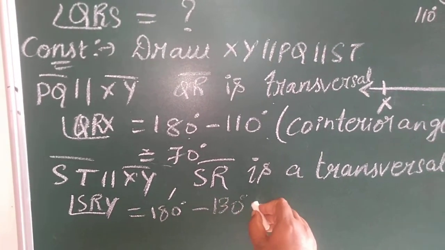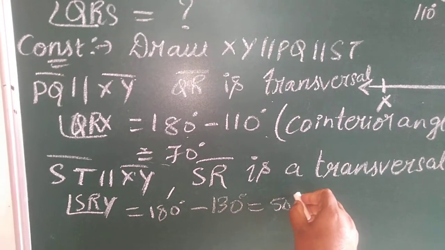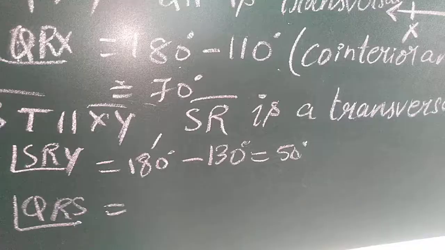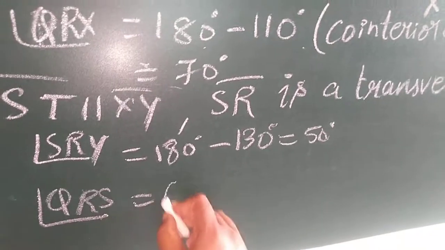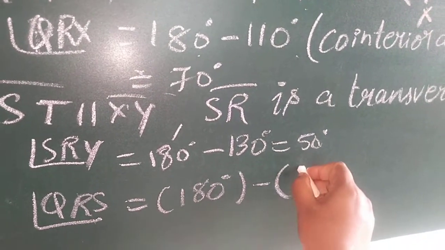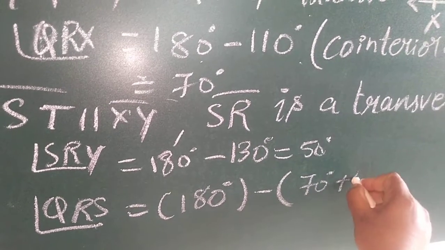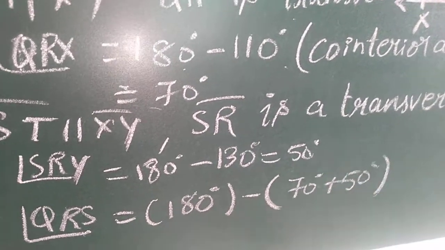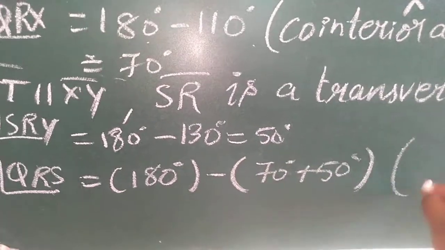So we got the answer as 50 degrees. Now finally angle QRS is 180 degrees minus the sum of 70 degrees and 50 degrees. In the bracket we are going to write linear pair.